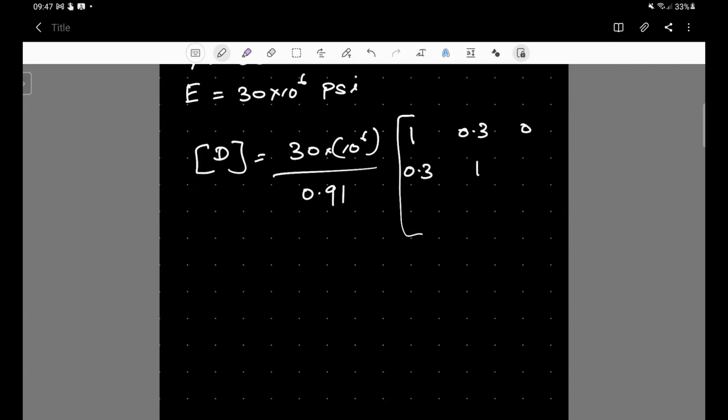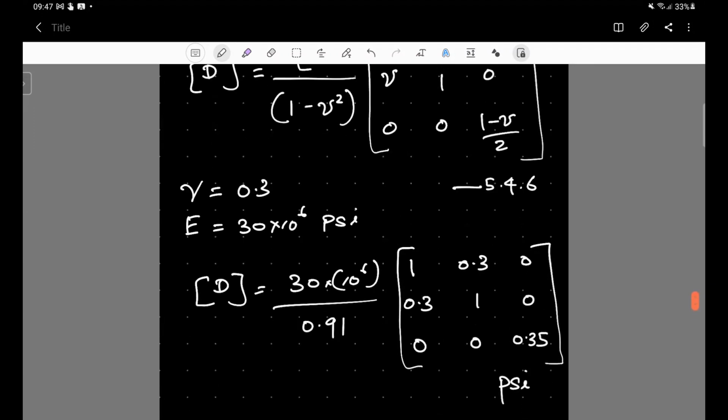If you do the proper substitution, you would end up getting the D matrix in this formation.